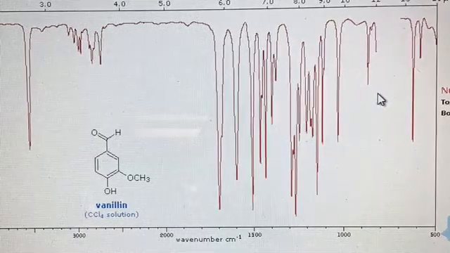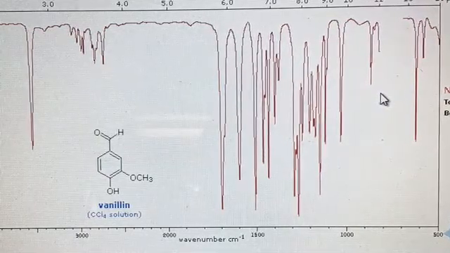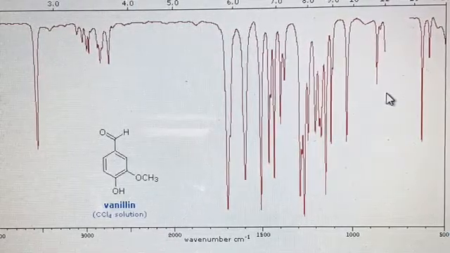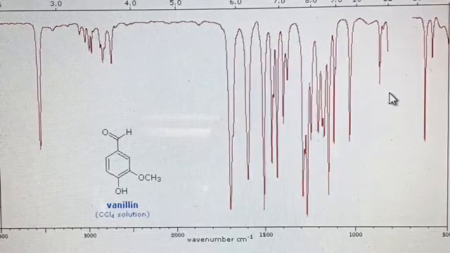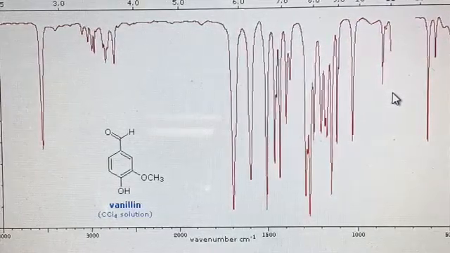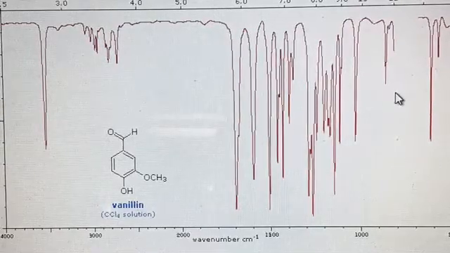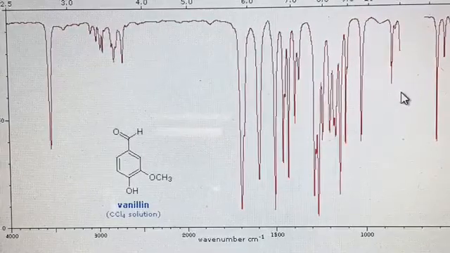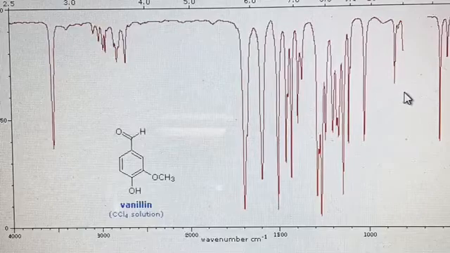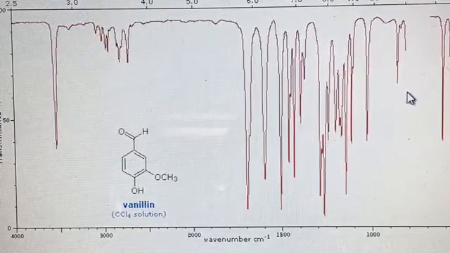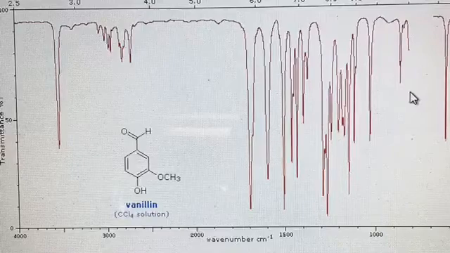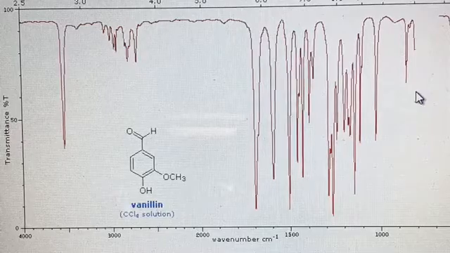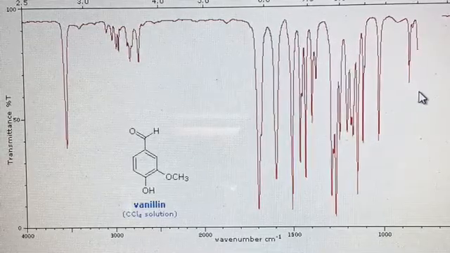We have complex instruments that computerize the peaks and memorize them, or store them, so that you can call up the database and ask it to find the nearest or closest one, and it would find vanillin, and it would show it to you, and you could overlay the vanillin spectrum with this spectrum, and they would be the same. You would say, okay, these two specimens are vanillin.